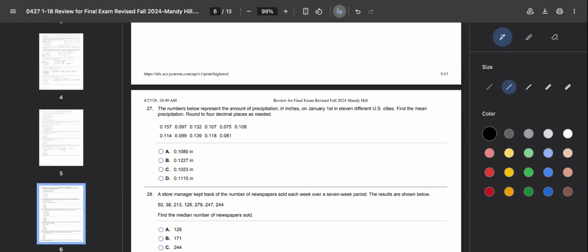No, we have not. So the numbers below represent the amount of precipitation in inches on January 1st in 11 U.S. cities. Find the mean precipitation and round to, this is going to be important for the test, round to 4 decimal places. Now, these are in our multiple choice, so that does make it a little bit easier.